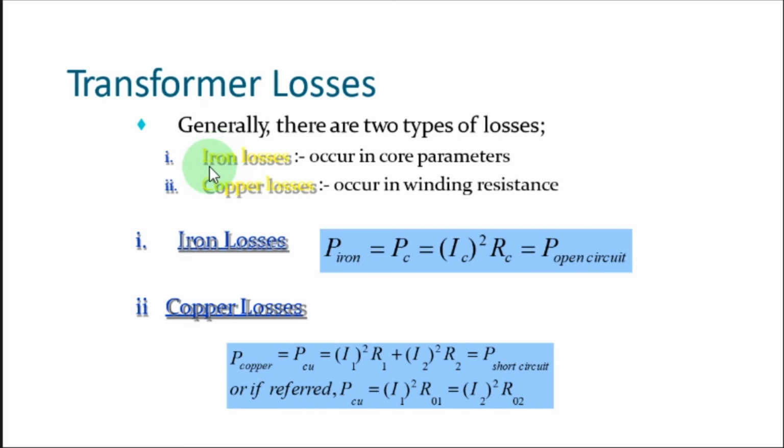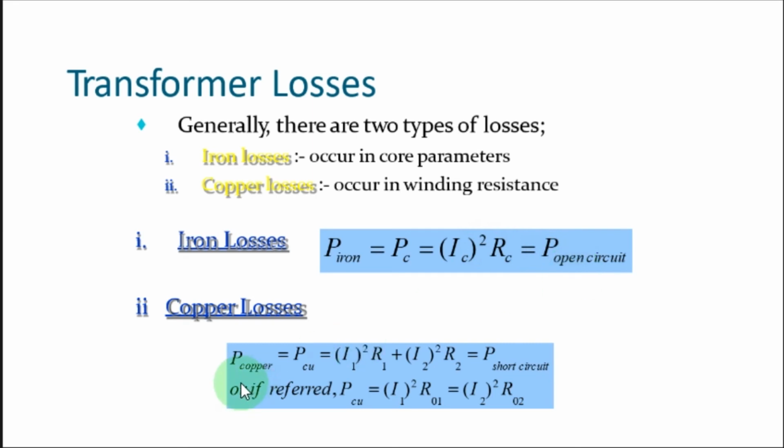So these are the two losses, iron loss and copper loss. Iron loss is basically I squared RC, where RC is the component representing the iron loss, or rather hysteresis loss and eddy current loss, which we measured using the power of the open circuit test.